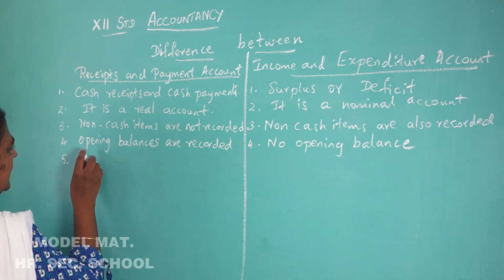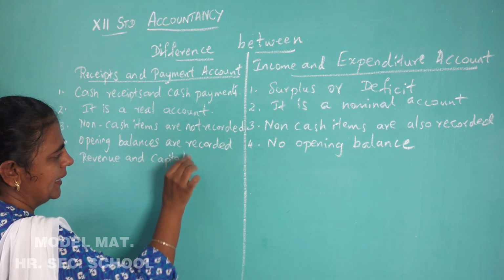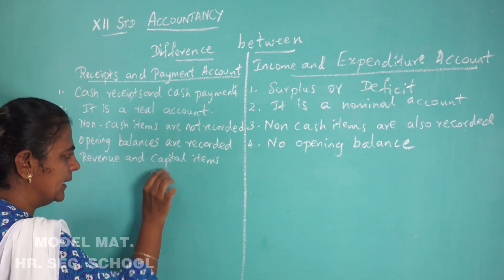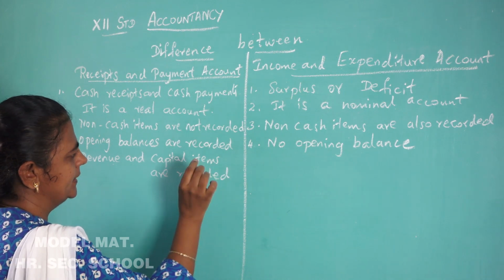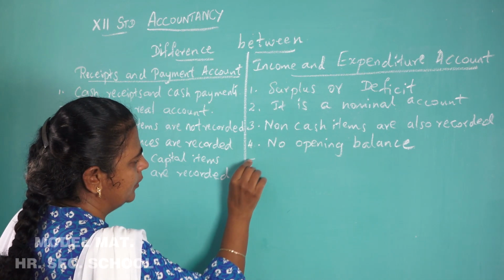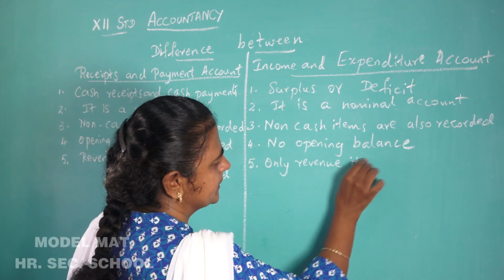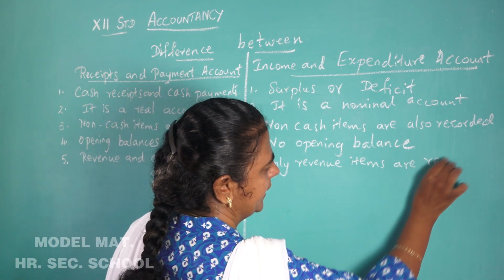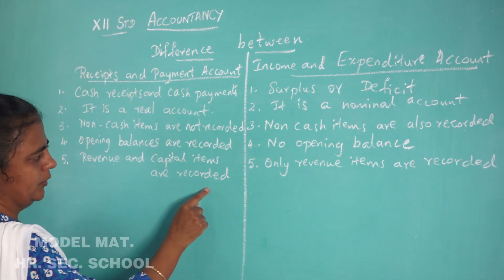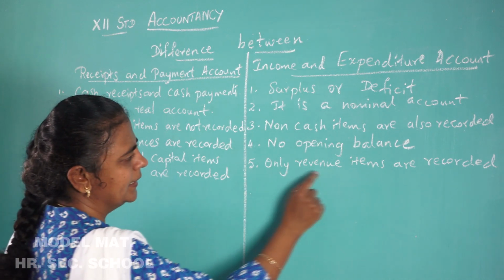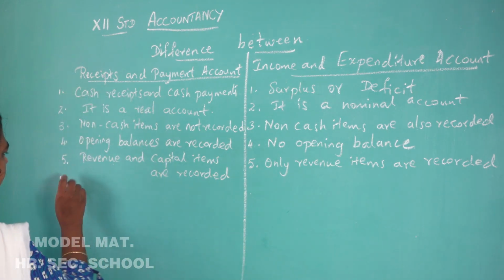So here revenue and capital items, everything is recorded. Here only revenue items are recorded. Capital items are excluded.